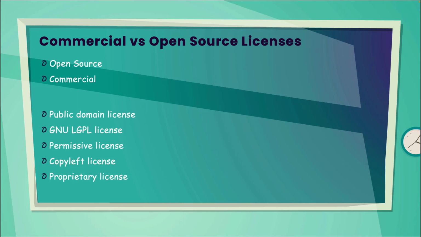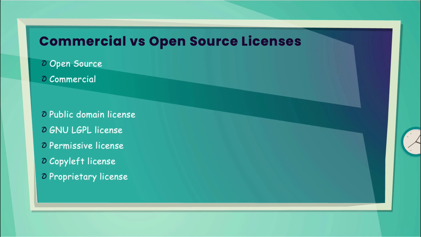We'll start first with a public domain license. Public domain licenses are reserved for software that is not copyrighted and does not require permission to use. Moreover, you will not have to pay any fees or royalties to the owner.